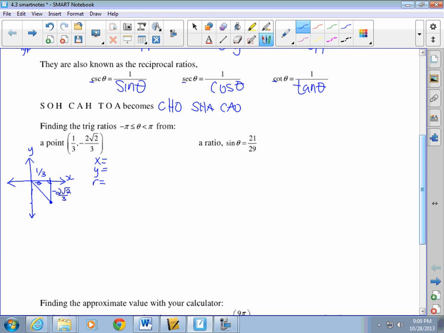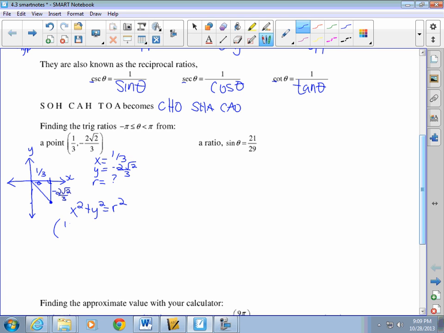So if my x is equal to 1/3, my y is equal to negative 2 square root 2 over 3, I don't know what r is. So I have to use my formula for the circle, which was x squared plus y squared is equal to r squared, and then just substitute to find the unknown value.